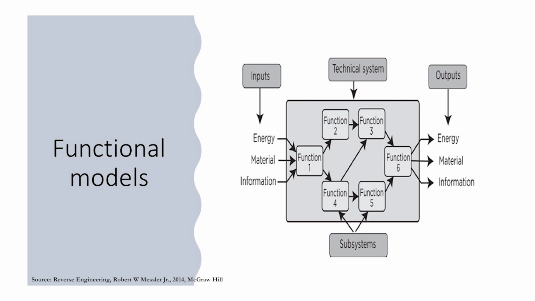These sub functions will add up to give you the overall function. The functions will have as input maybe some energy, some material, or some information. So, inputs could be energy, material, or information, and as you flow through you can deduce the overall function, and the outputs will also be some energy, material, and information. Each function here is the function of a subsystem of your product.